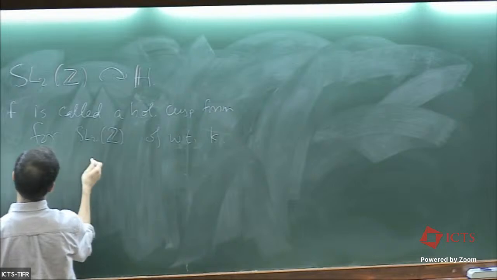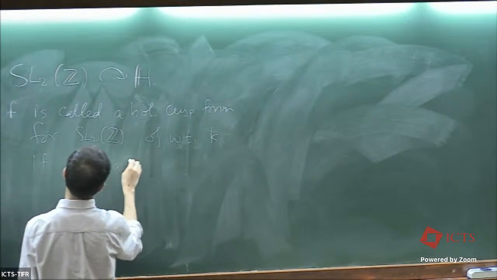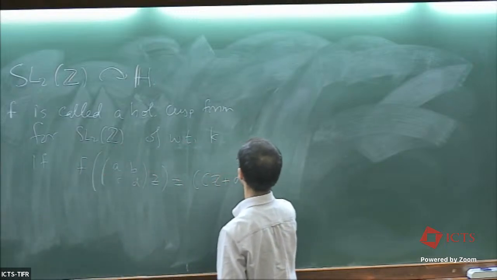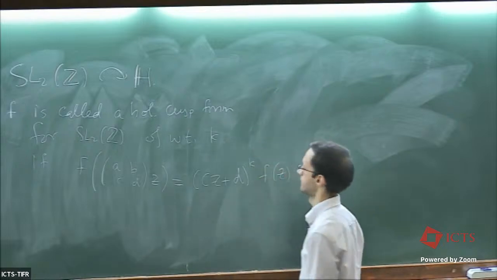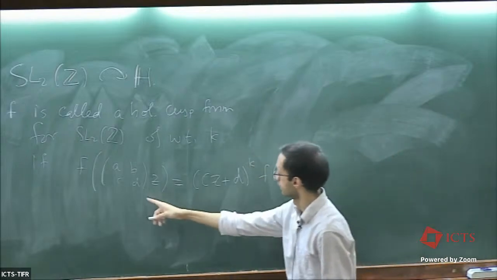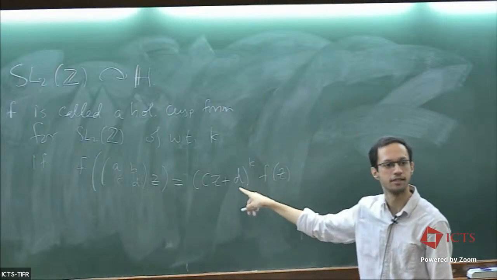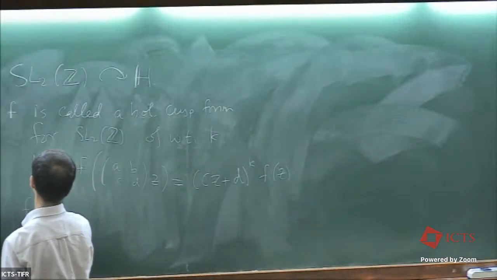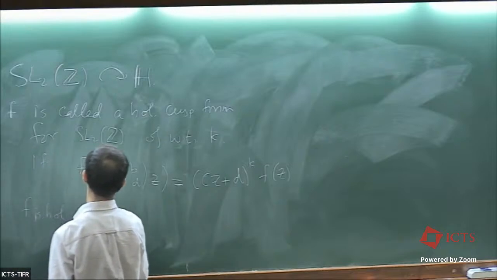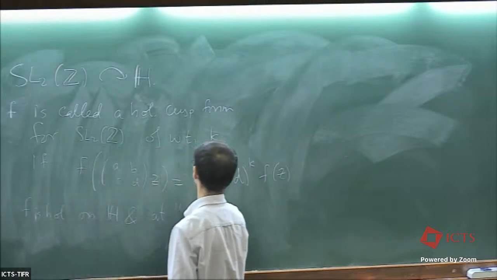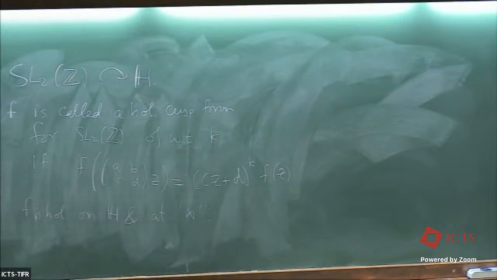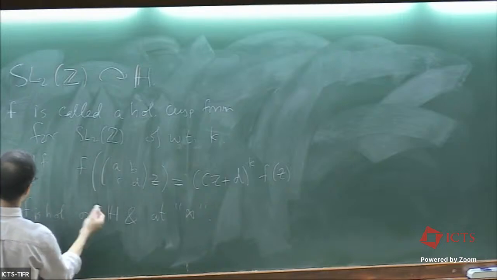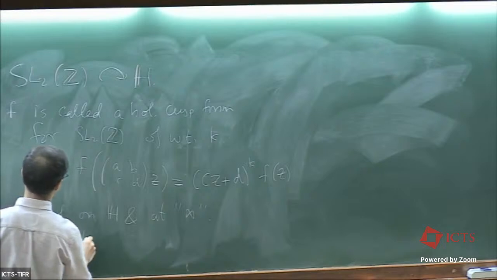If you have f((a b; c d) z) equal to (cz+d)^k f(z). Okay. So notice it's not exactly invariant. You have this extra factor that pops up. And then you have a few other conditions. f is holomorphic on the upper half plane, and at infinity, that I'm not going to say anything more about, and f vanishes at infinity.